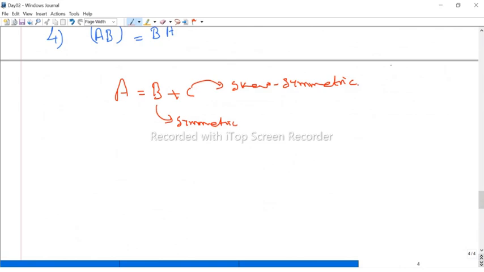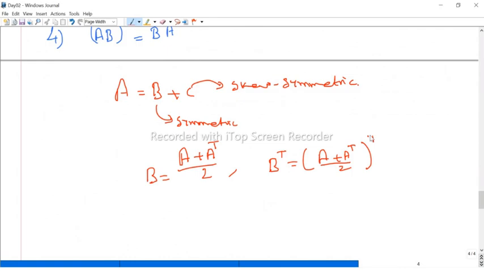Actually, that matrix B is nothing but A plus A transpose by 2. We are going to show that this B is a symmetric matrix. Why? Because if we take the B transpose, it is nothing but A plus A transpose by 2 whole transpose. We are taking the transpose on both sides.